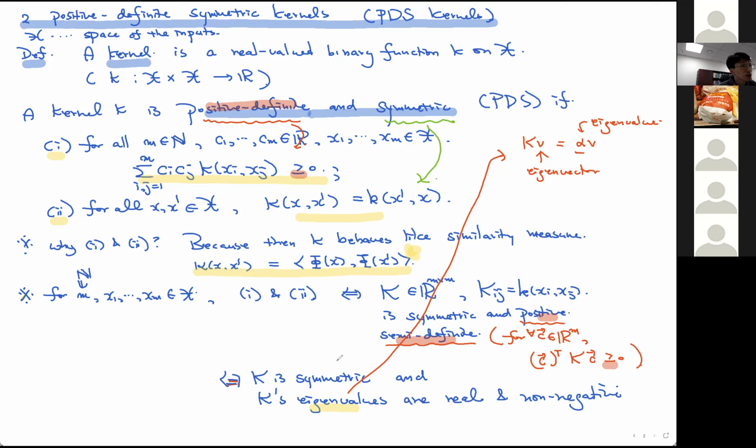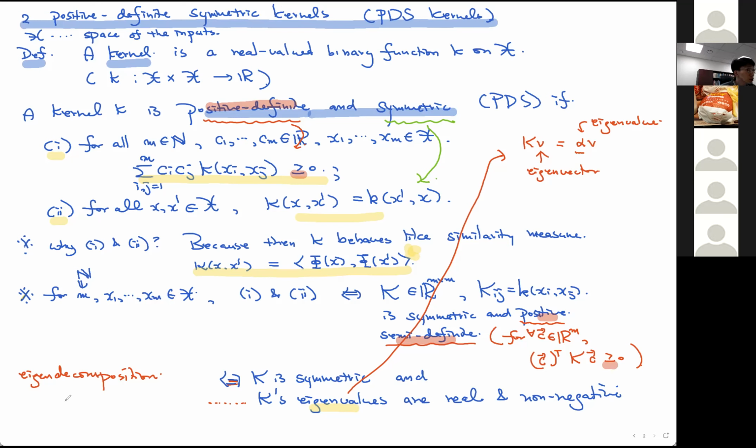But the important bit is, if this property is true, then we can do so-called eigen decomposition. Using properly normalized, orthogonalized eigenvectors, as well as these eigenvalues, if we put them appropriately, then we can achieve the following matrix.